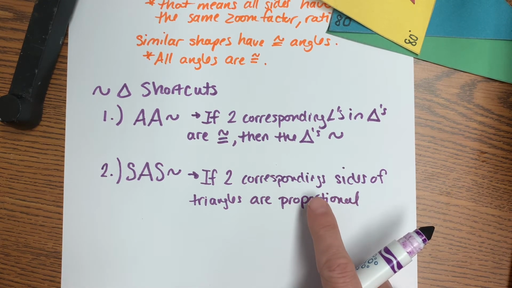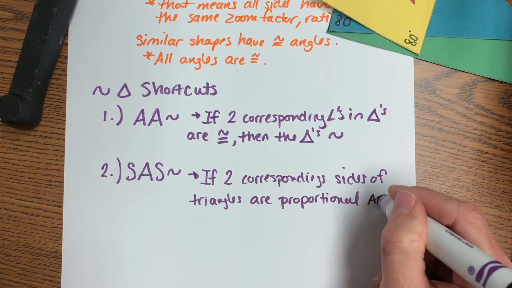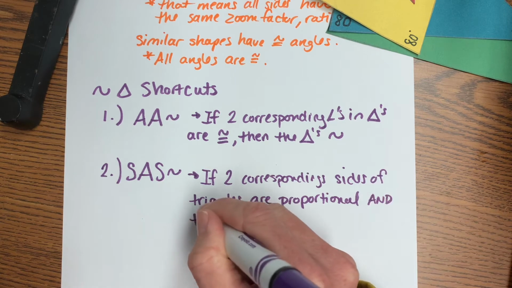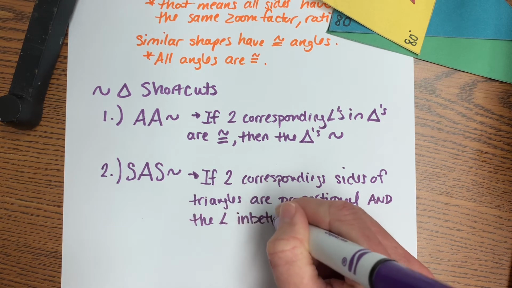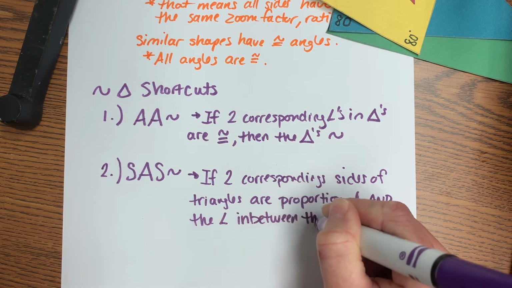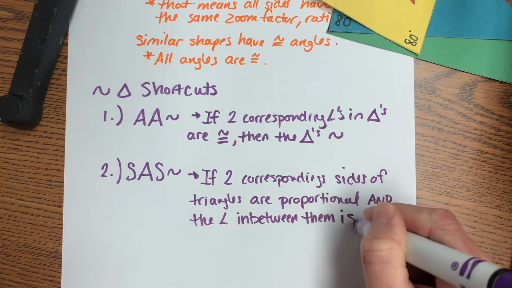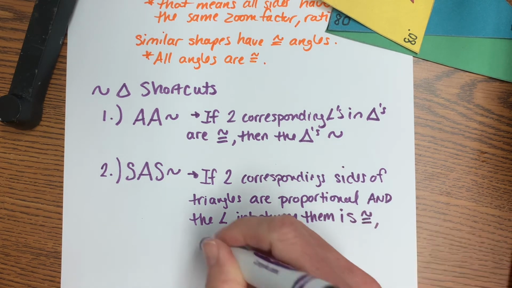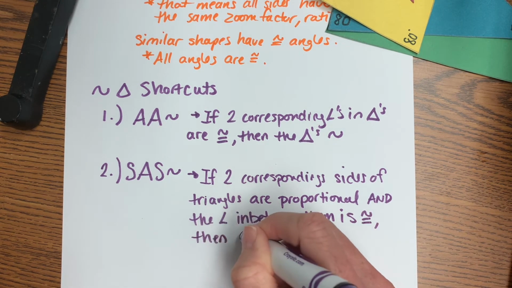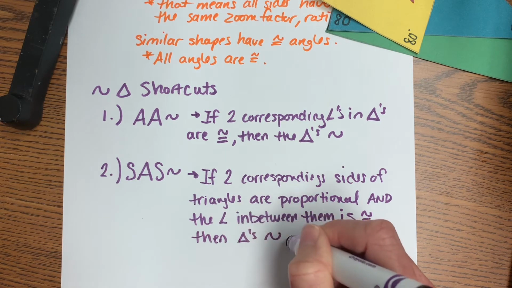If two corresponding sides of triangles are proportional and the angle in between them is congruent, then the triangles are similar.